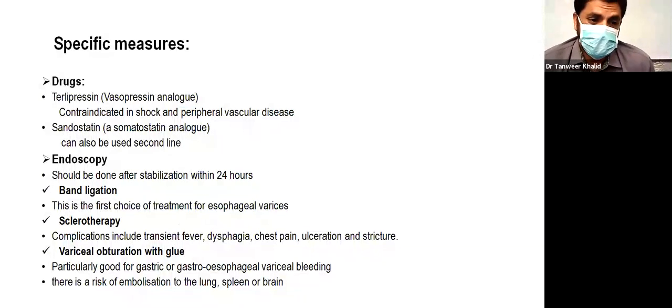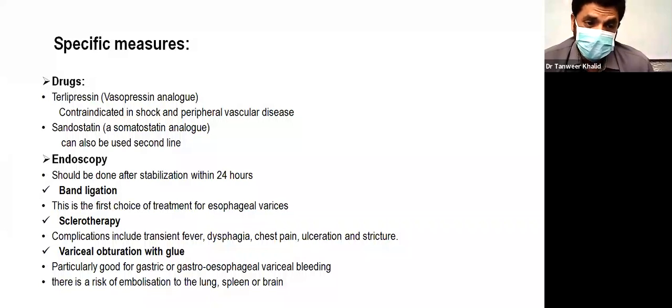Now the specific measures. Specific measures include drugs and endoscopy. In drugs, we give terlipressin, which is a vasopressin analog. What does terlipressin do? In cirrhosis, there is splanchnic vasodilation. The supply to the viscera and the organs is called splanchnic circulation.